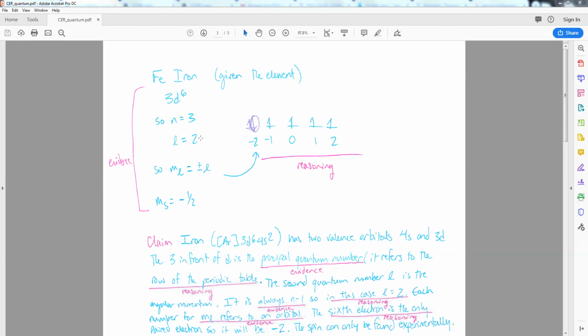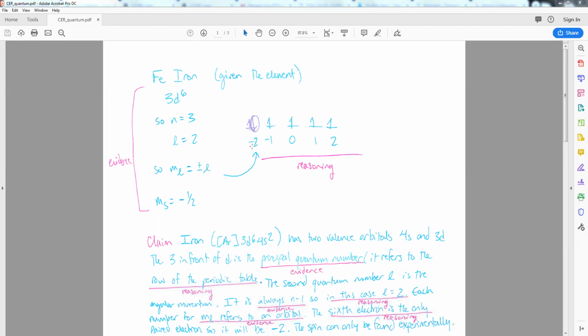Then I know that my third quantum number, m sub l, takes the values from minus l to plus l. And if I think about what I know about my periodic table, then I can apply that to the following.